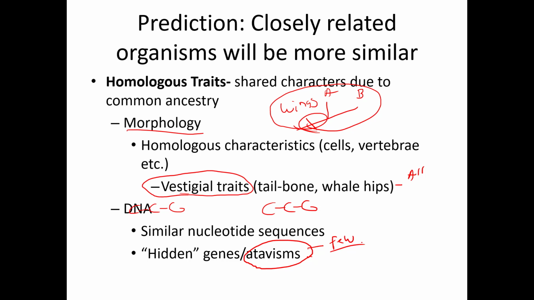Or you may have a human born with a tail. That is an atavism. We all have the genes for a tail, but it's normally shut off. But in some humans, it's turned on, and a human has a tail. That's called an atavism. And that's a type of homologous trait that we share with other mammals, but it's normally turned off. But sometimes we get to see it when it's accidentally turned on.